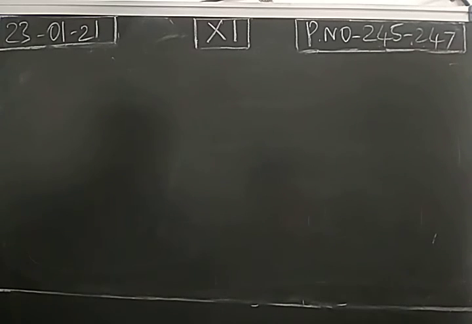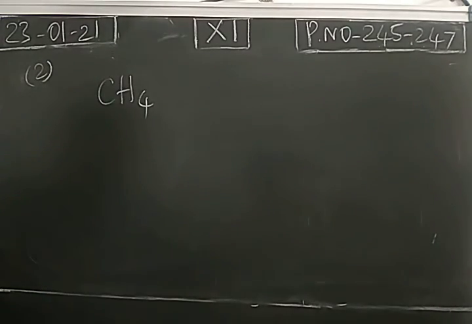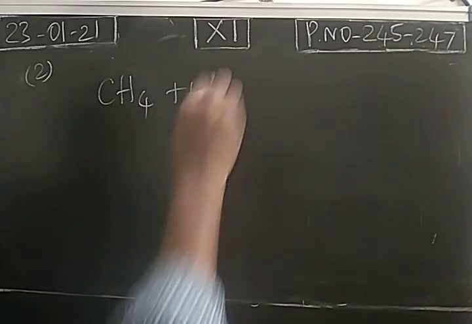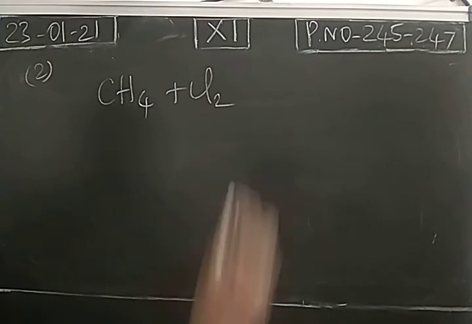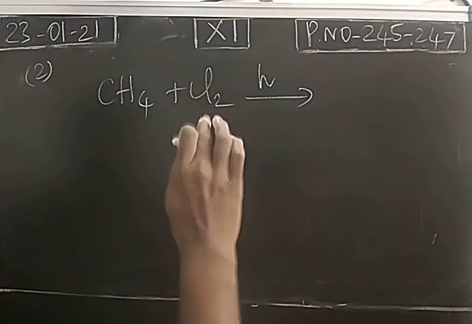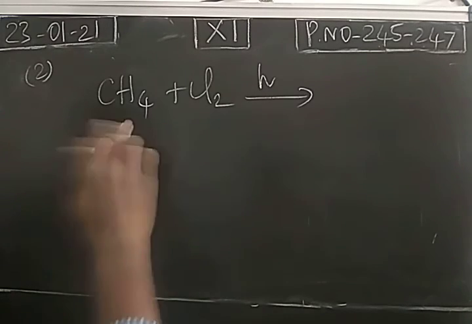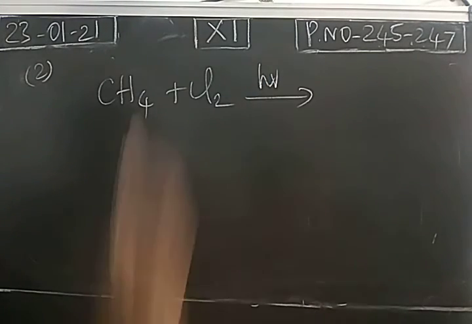Next preparation method is substitution reaction. We have already studied this in the 13th lesson. The halogenation process follows the free radical substitution mechanism. When halogen is passed with alkane, you can pass chlorine with methane in the presence of sunlight.